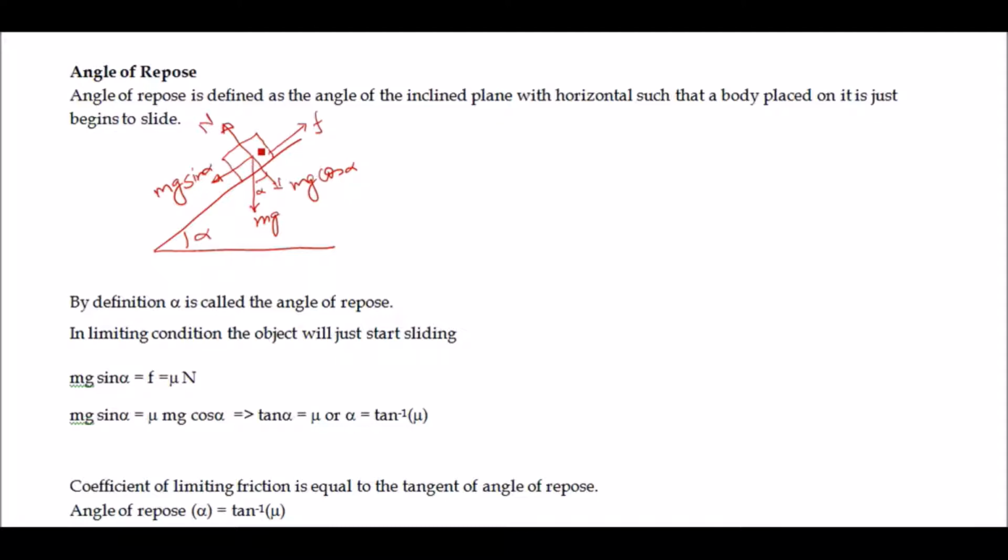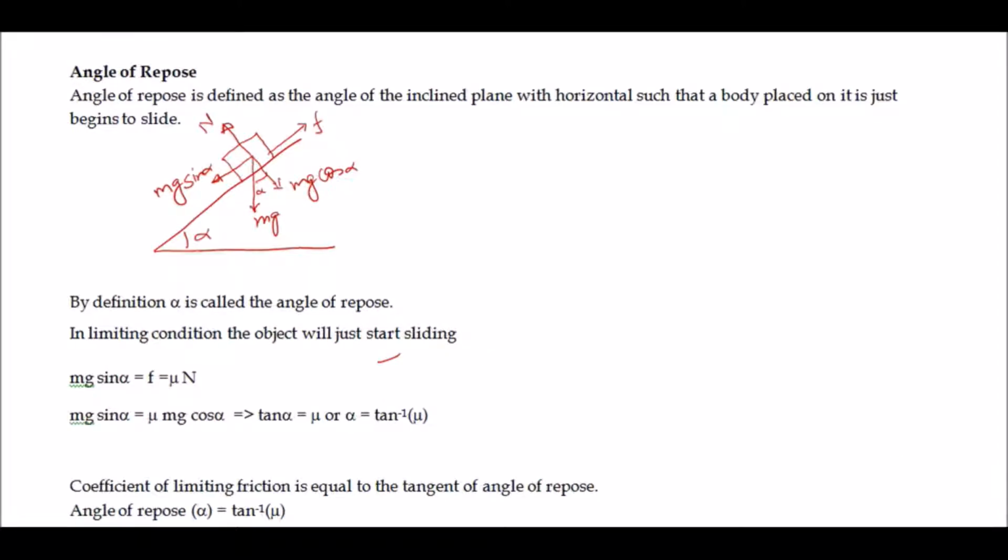At the time of just start of motion, mg sin alpha counterbalances this frictional force. So in the limiting condition, when the object will just start sliding, mg sin alpha is equal to f, and it is equal to mu N, as the frictional force is equal to mu N. So from there we get mg sin alpha is equal to mu mg cos alpha, and from there we get tan alpha is equal to mu, and alpha is equal to tan inverse mu.